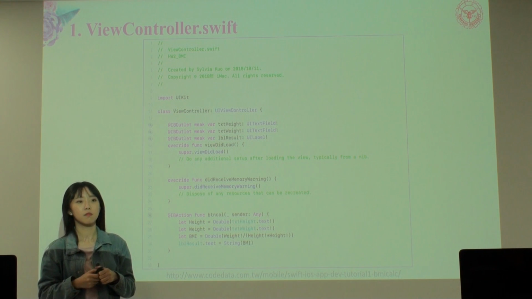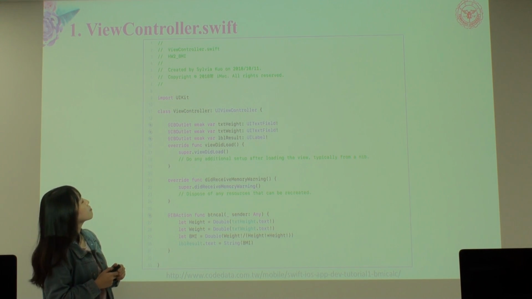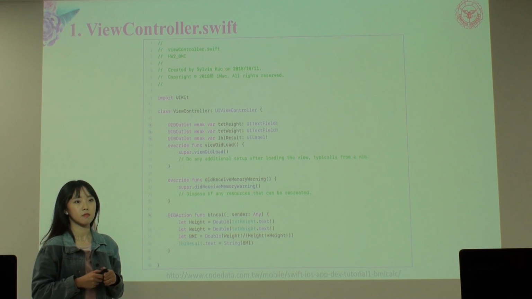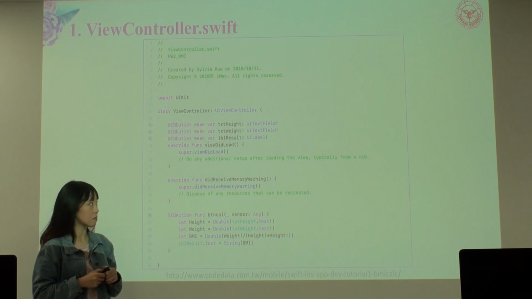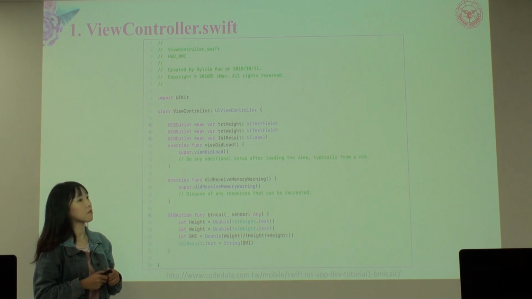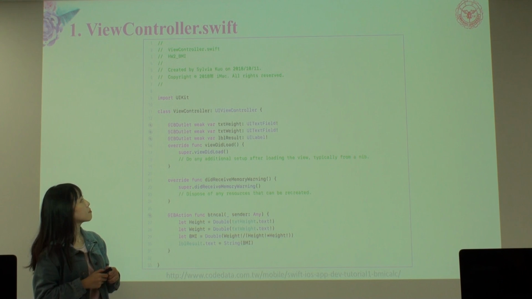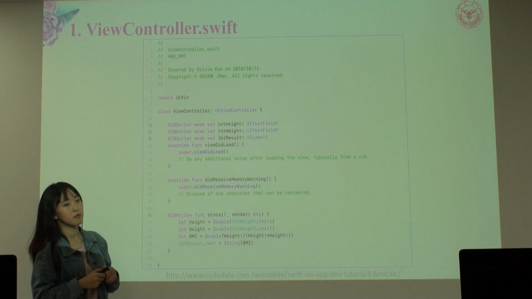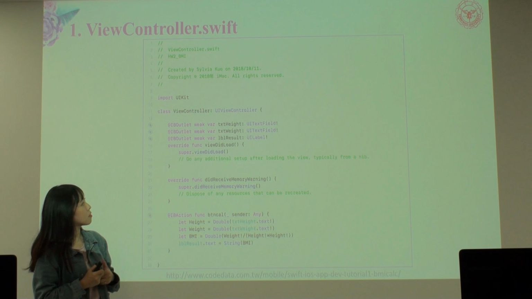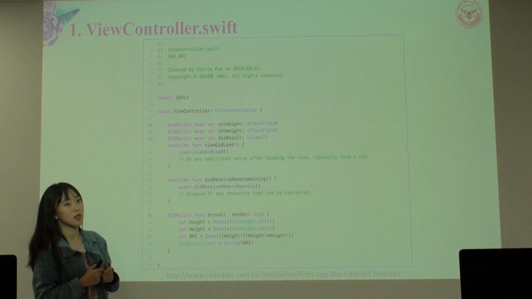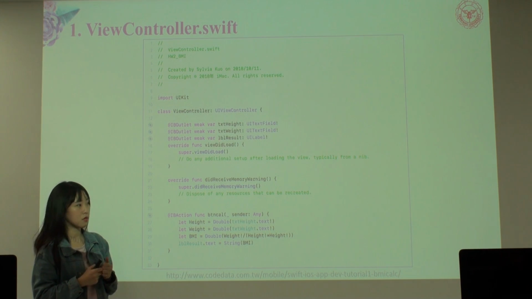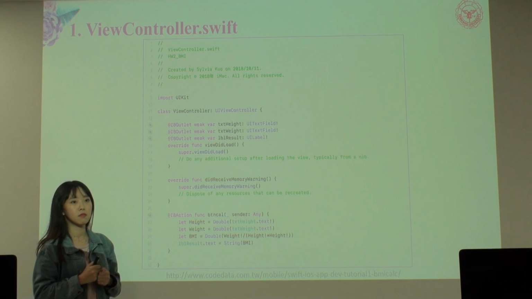And you have already designed 3 components. One is IBOutlets, the text fields, right? You have 2 text fields for users to enter their height and weight, and you have 1 label showing the result. So it is pretty easy to read.